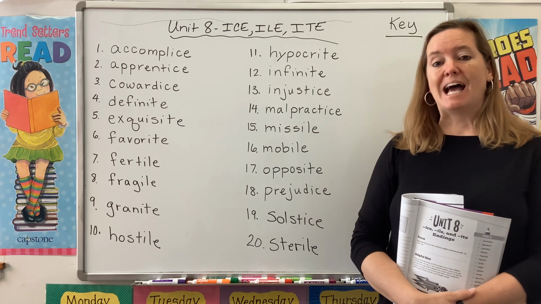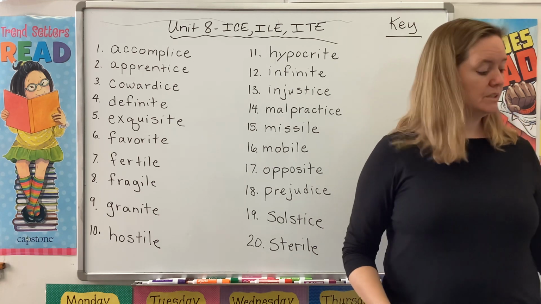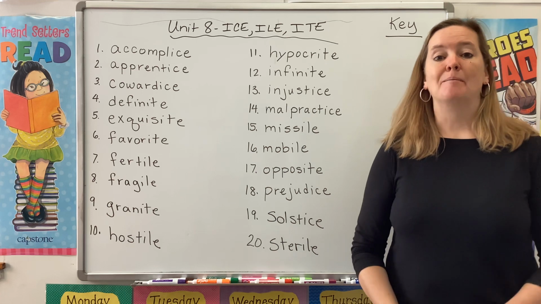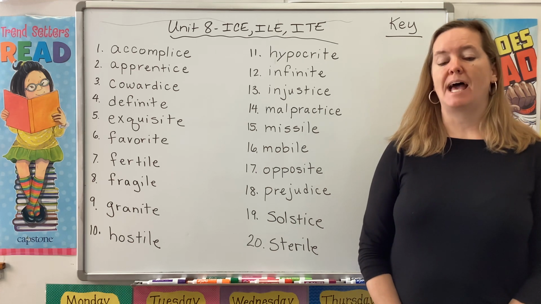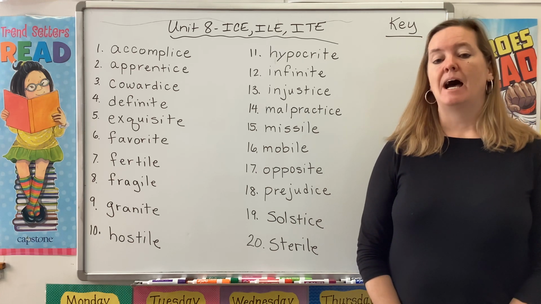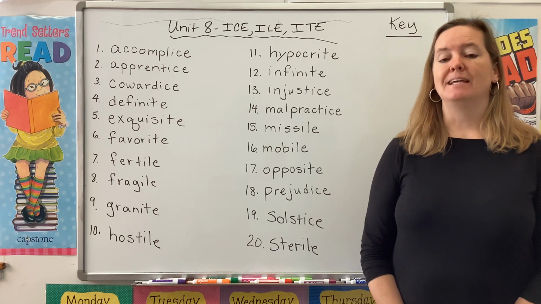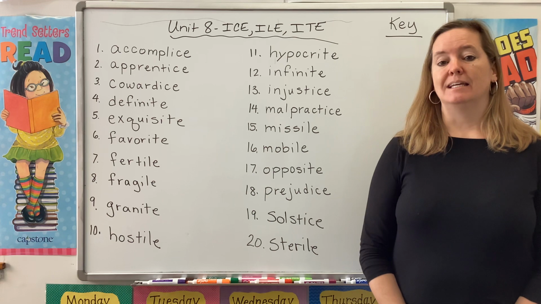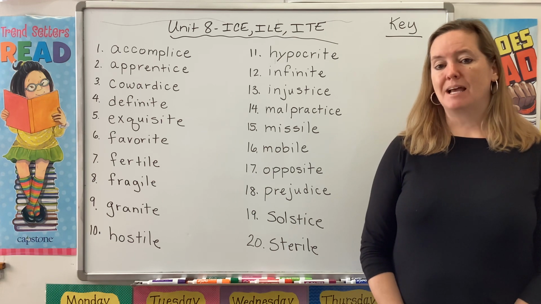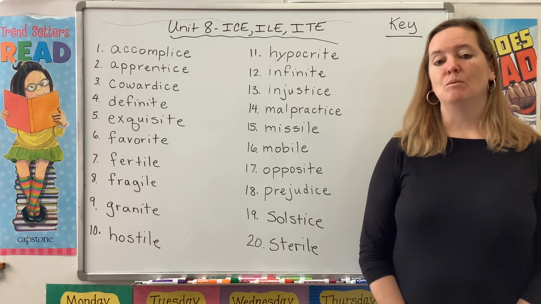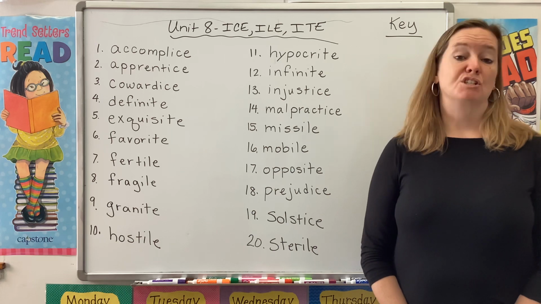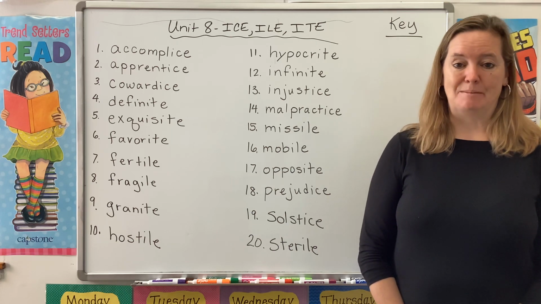All right, so last week we started our study of common endings. We looked at words that end with INE, and we noticed that they have two pronunciations. Sometimes they say "in," like in feminine, and sometimes they say "een" in words like machine or magazine.